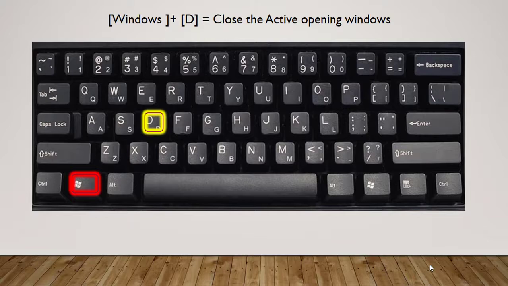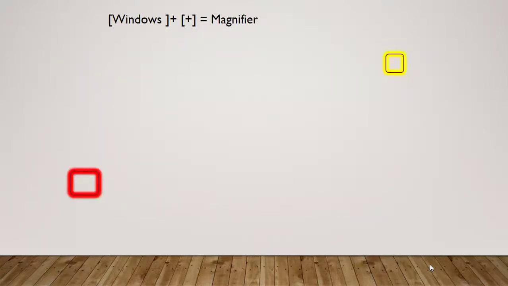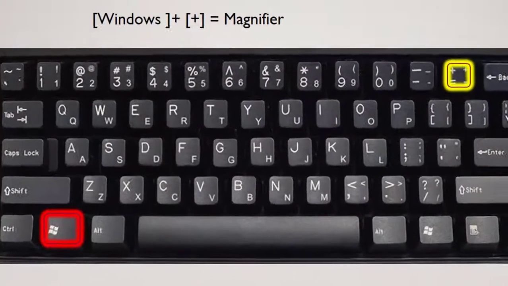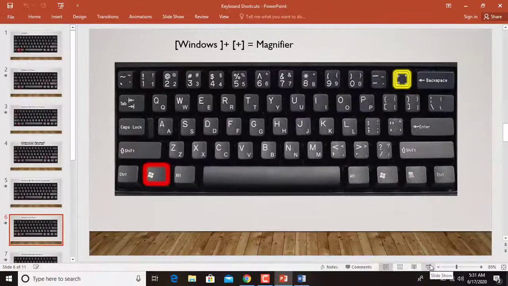The next shortcut key that we are going to discuss is Windows plus the plus symbol, the addition symbol on your keyboard. This one is what we call a magnifier. So what is the use of this magnifier? Let me show you.